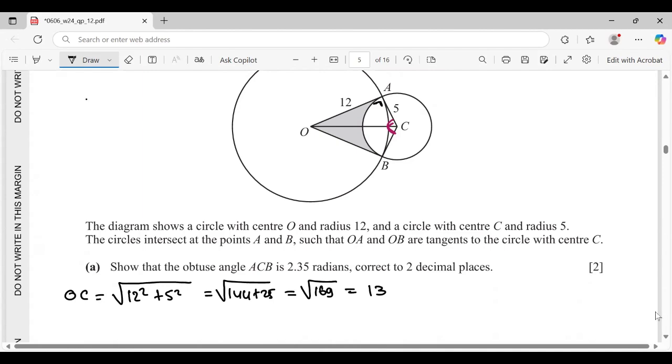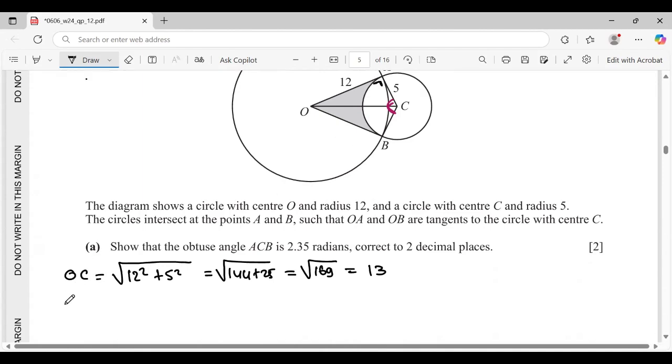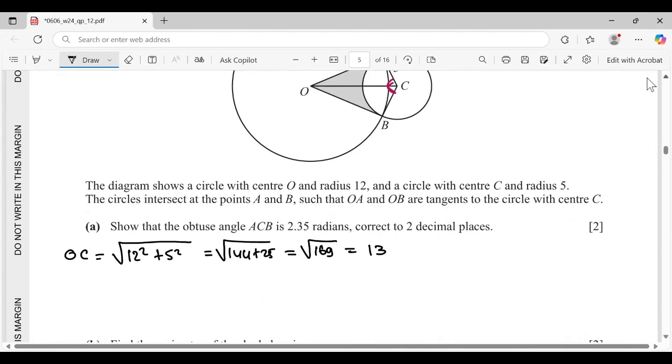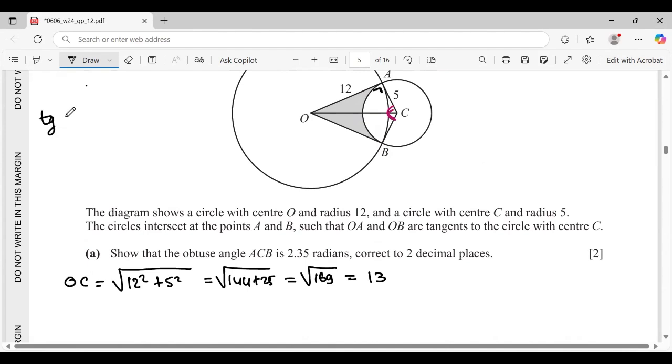For angle OCA, we want to find the tangent. Tangent of angle OCA is 12 over 5. So angle OCA is arctangent, or tan power minus 1, of 12 over 5, and it is 1.176 radians.